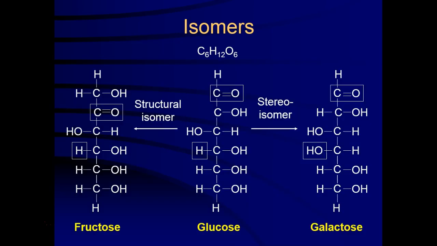Now, we have a name for molecules that have the same formula but different structures. They are isomers. In my little diagram, all three of these monosaccharides, glucose, fructose, and galactose, have exactly the same molecular formula: 6 carbons, 12 hydrogens, and 6 oxygens.